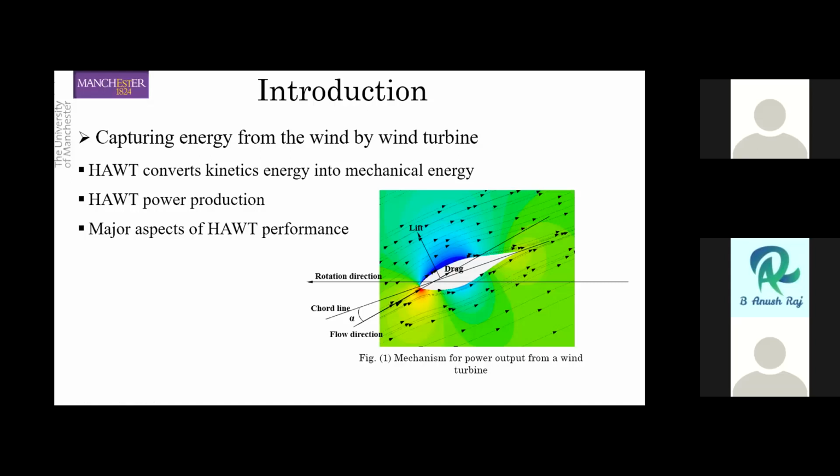The force which works against the direction of the blade rotation is called the drag force. This one, as I mentioned, is due to the friction force between the air around the blade and the blade surface.